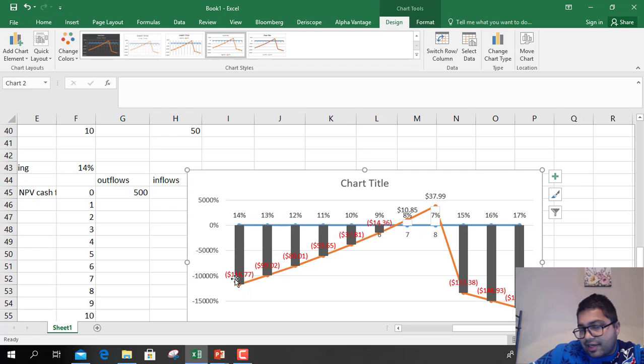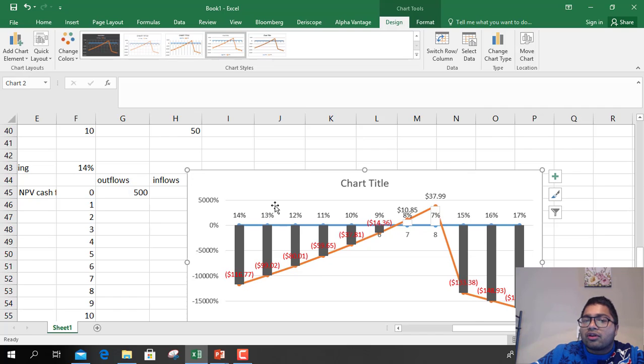At 14% it is negative 116 million. So you lose money if you take on this project, so you will not take on the project. At 13% you will not take on the project, 12% you will not take on the project, 11% you will not take on the project, 10% no, because it is negative in this quarter, right? Then it is positive in this way, so you will take on the project if in between, so it crosses 0 somewhere in between 9 and 8, right? So you will take on the project when the interest rate is below 9%.